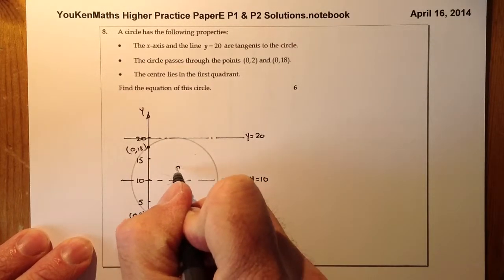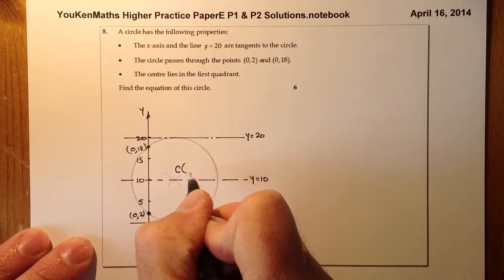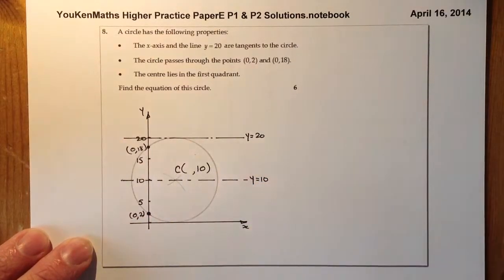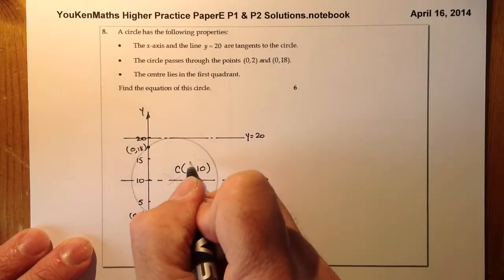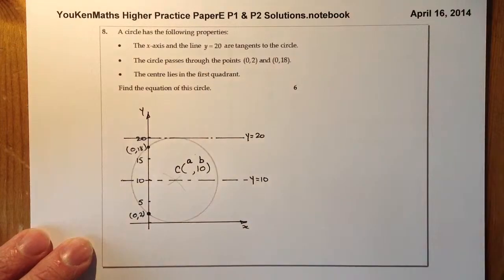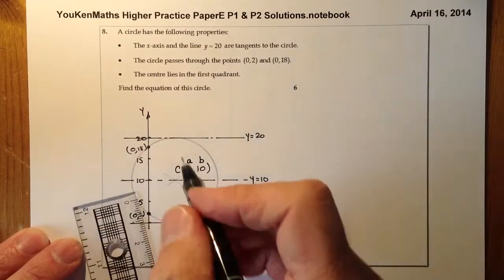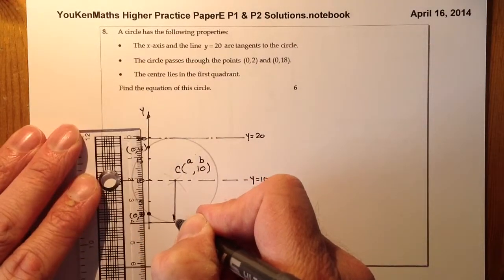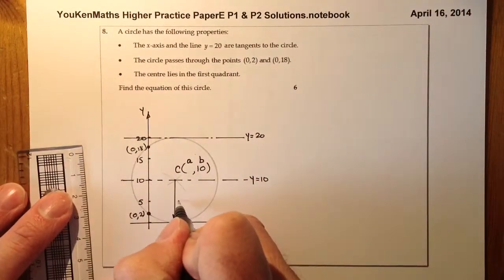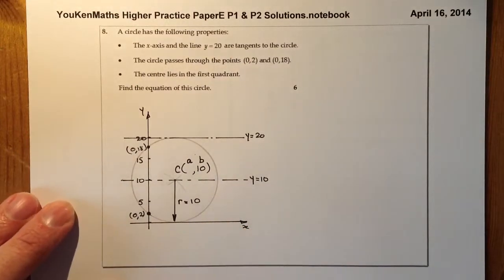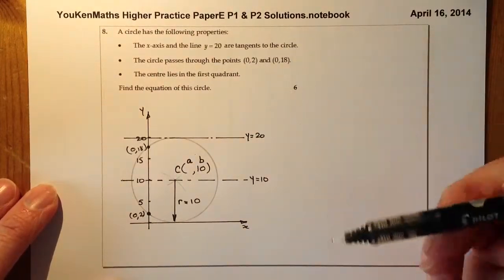I don't know what the x coordinate is, but I know the y coordinate is 10. For the centre of a circle, that would be my a value, that would be my b value. I can also see that my radius is 10. So I've got quite a lot of information just from what we've been given.